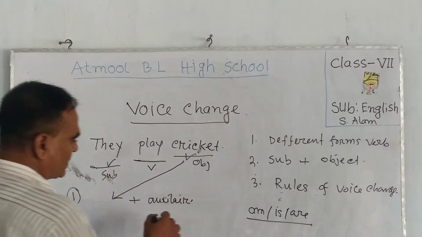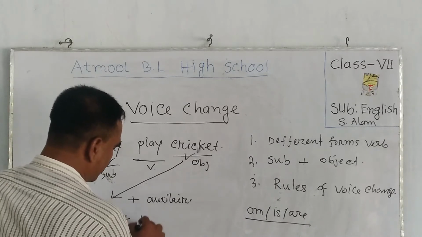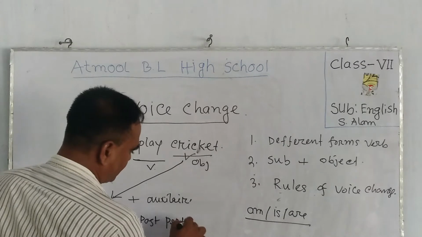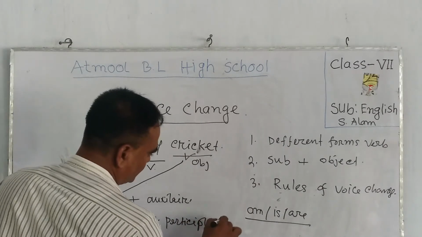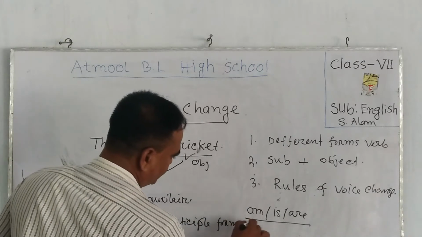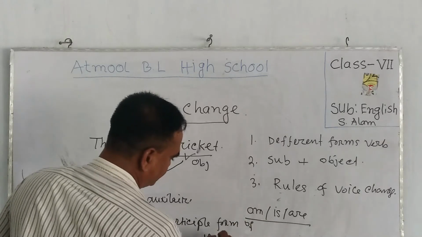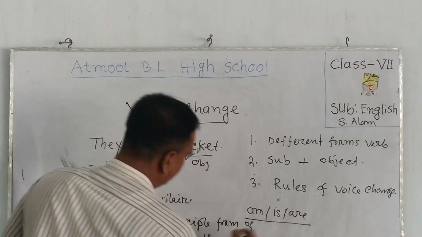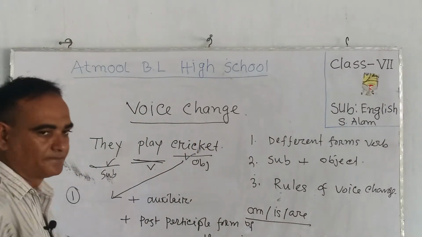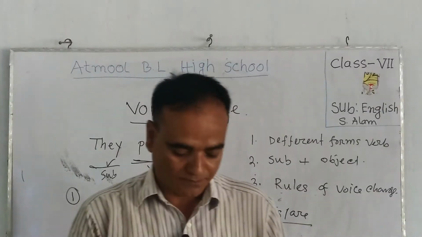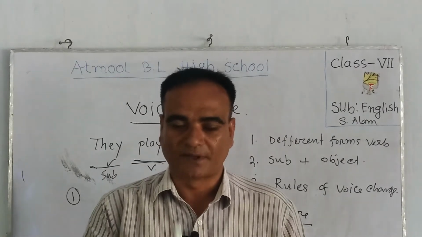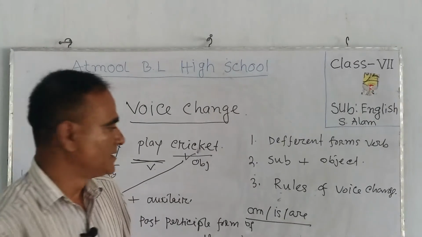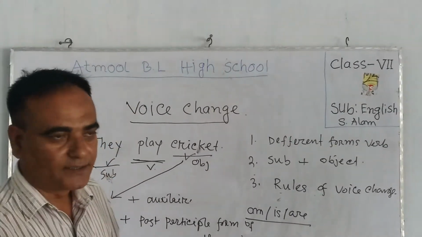And then we have to write the past participle form of the main verb. So here the main verb is play. So we have to know what is the past participle form of play. The past participle form of play is played, and the forms are play, played, and played.